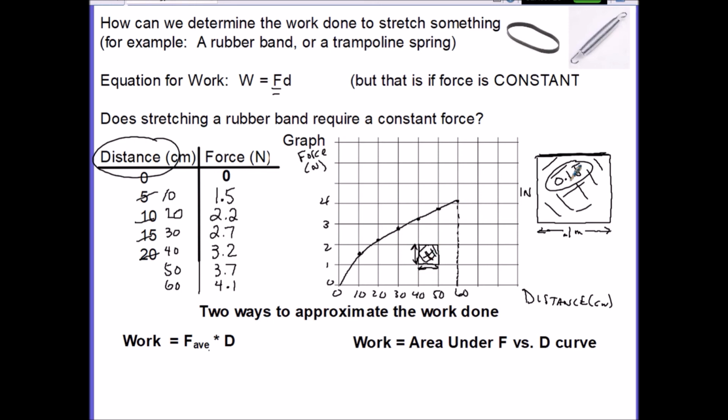Now all I need to do is just count up all these blocks to see how much total energy I have. Now because I can't count this as a whole block, I'm going to count anything more than 50% as a whole, and anything less than 50% not at all. So I'm going to count this one. I'm going to count that. That's 2, 3, 4, 5, and 6. Go up here to 7. This is 8. That's 9. That's 10.